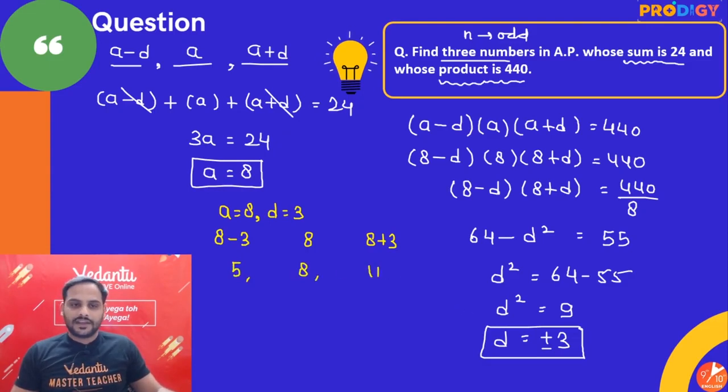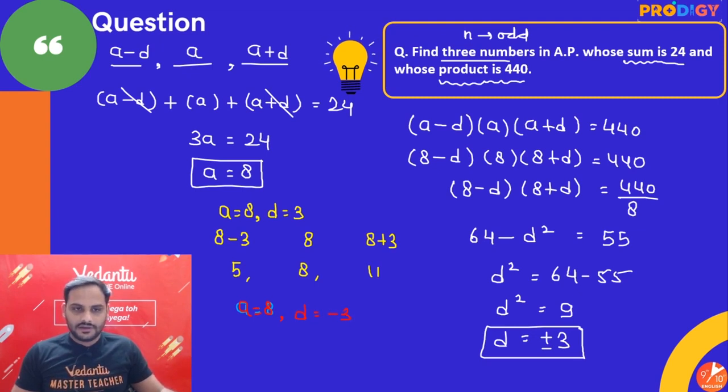Second case, let's say A is equal to 8 I am taking, and D is equal to minus 3. I think it is also not visible clearly.